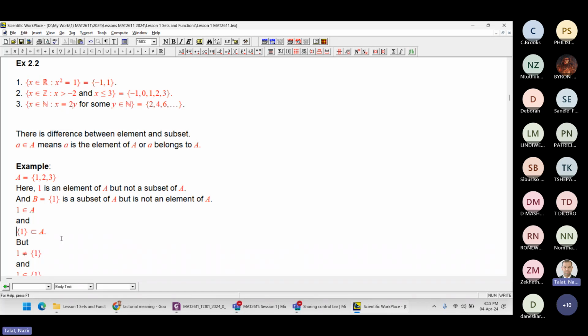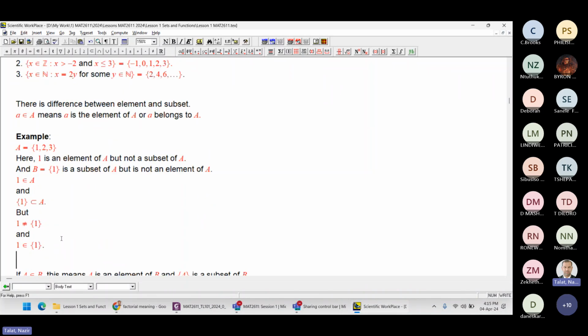And here it is important to note that 1 is not equal to the set containing 1. The set has an element 1, but 1 means only the single element. On the other hand, we can say that 1 belongs to the set {1}. This is true because 1 is the element of this set.